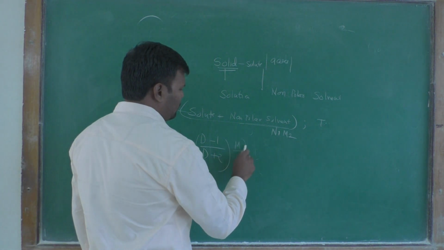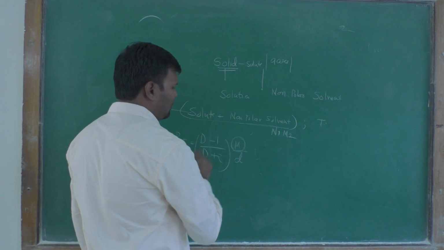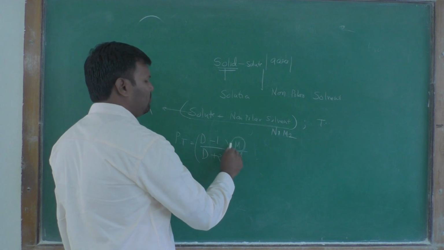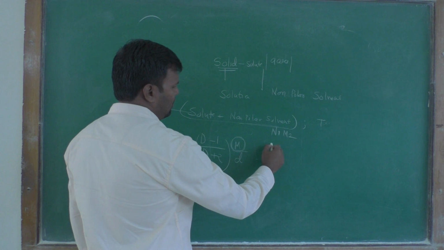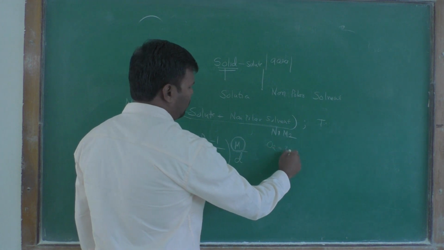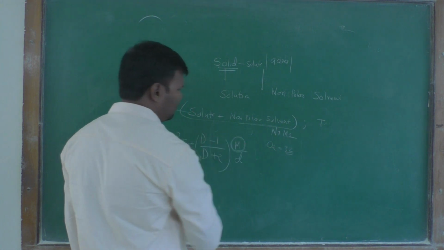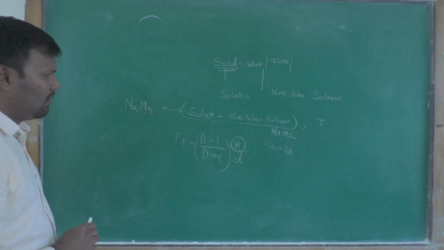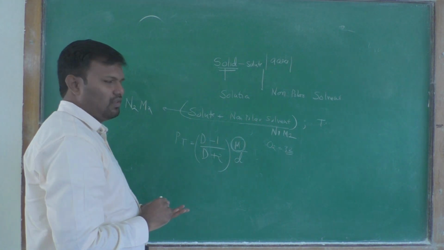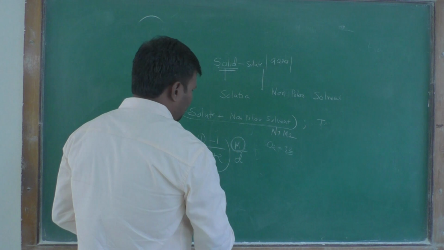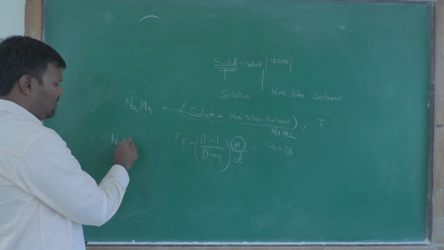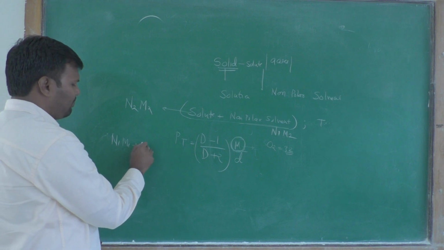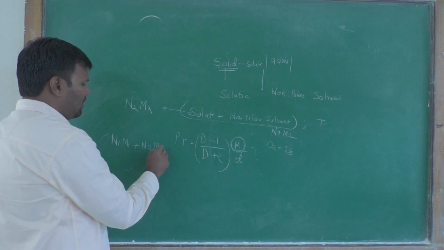In this case we do not use a single gas. If a single gas is there, you put the m as it is. For example, if we use O2 gas, its molecular weight is 32, and we put this. But we have used a solution, therefore the m is replaced by n1 m1 plus n2 m2.